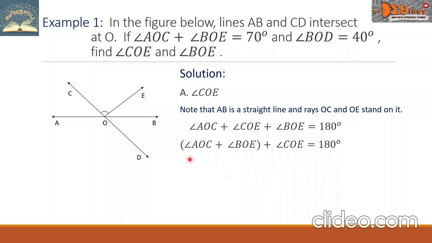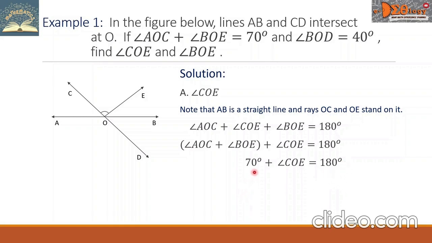We can group the angles AOC and BOE together. In the given, the sum of angle AOC and angle BOE is 70 degrees. So we can substitute the value here. So we have 70 degrees plus angle COE equals 180 degrees.